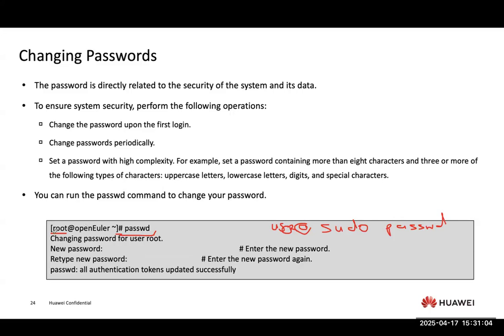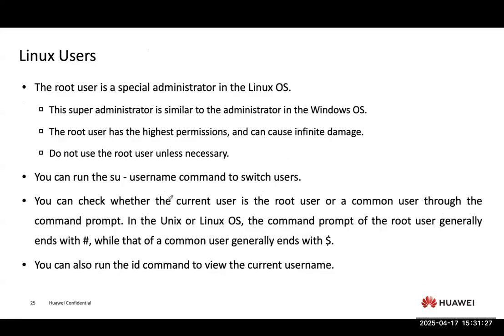But currently you have the root user, so it's assuming that you're changing the root password. If you type next to passwd the user, which is whatever the username is, then it will change that user's password with the root privileges. So that's kind of how the console works in that sense. You can also look at other Linux users.